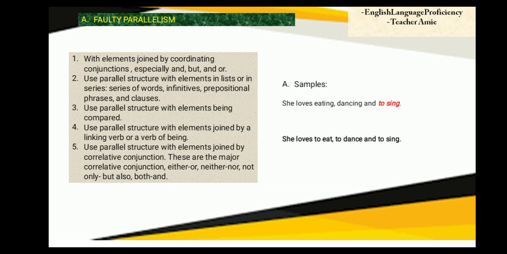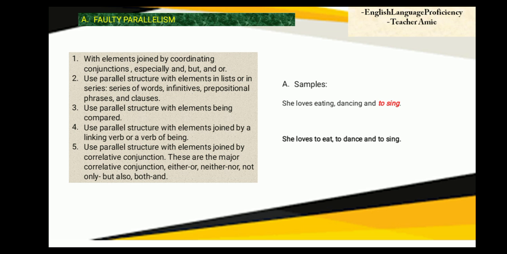Next, we proceed to faulty parallelism. In sentences, we usually list series of words like nouns, infinitives, like that. So, sometimes, hindi parallel yung ating minimension sa ating sentence. But, it says here that you commit faulty parallelism when you use parallel structure with elements in list or in series of words, infinitives, prepositional phrases, or clauses.